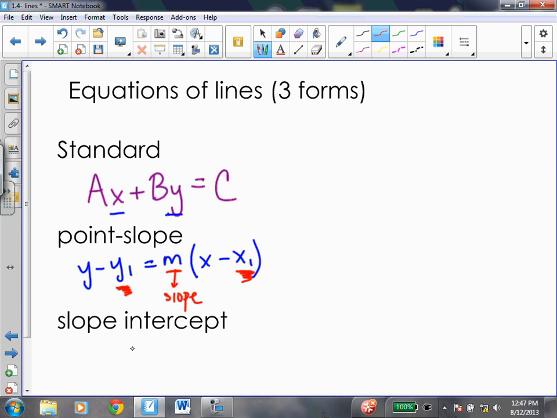And finally, the most common one that you see used is slope-intercept form, which is y equals mx plus b, where m is the slope and b is the y-intercept.